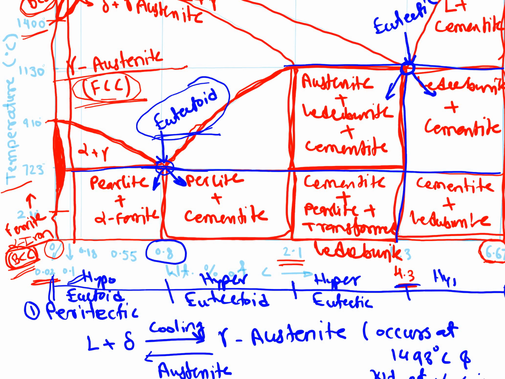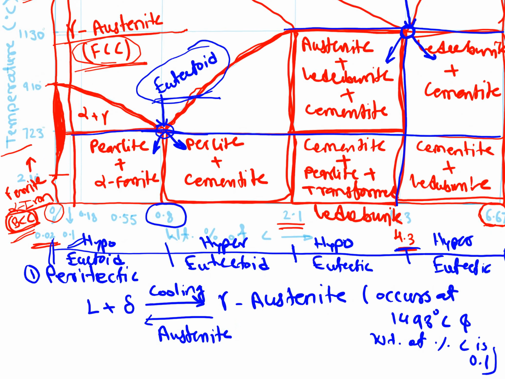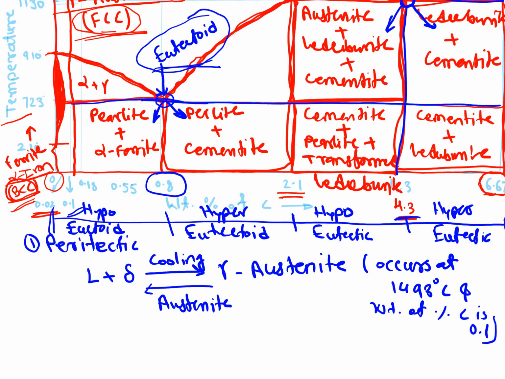And 4.3 to 6.7 is hypereutectic. Sorry, my mistake. And you already know this region, I will change the pen.